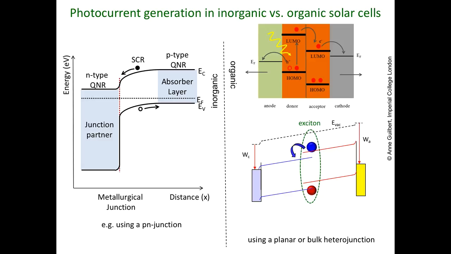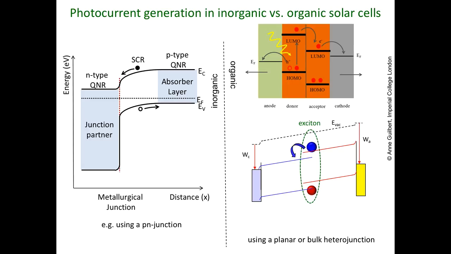You have a little bit of it based on your band diagram up top, but the way that organics work is primarily by having hole selective layers and electron selective layers stacked on top of each other, so that when you create an exciton, which is a bound electron hole pair, you need some sort of driving force to separate that electron and hole pair.